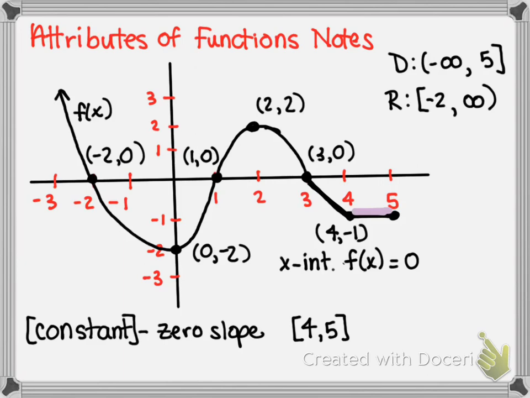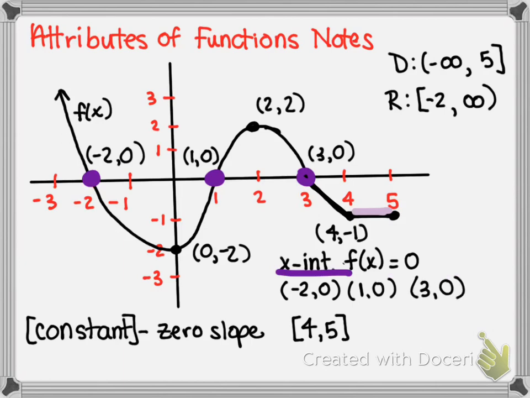So let's get another color, and don't worry if your graph is too jumbled up with lots of colors. If you can't keep up with all the colors, that's okay. So these are our x-intercepts, and those are going to happen at the ordered pairs (-2, 0), (1, 0), and (3, 0).